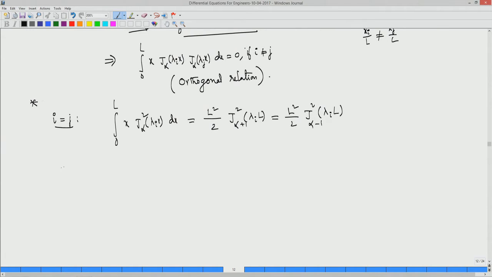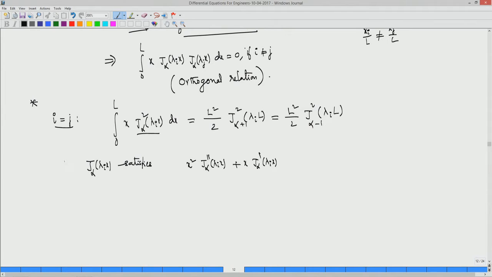We will show how this is done. What we do is take the equation. We only have one function, that is, J alpha of lambda i x satisfies the Bessel equation: x square J alpha double dash of lambda i x plus x J alpha dash of lambda i x plus lambda i square x square minus alpha square times J alpha equal to 0.